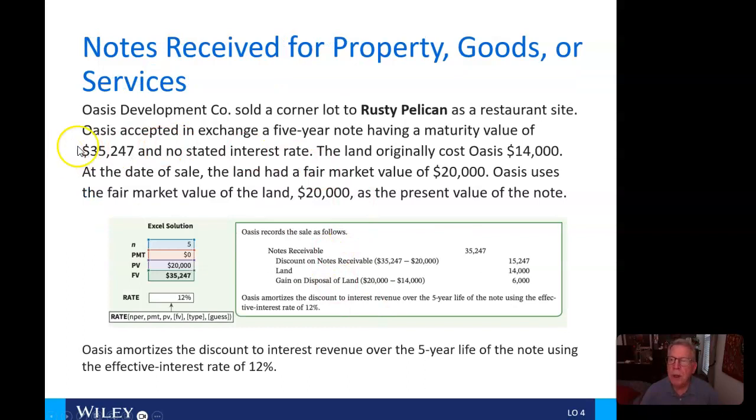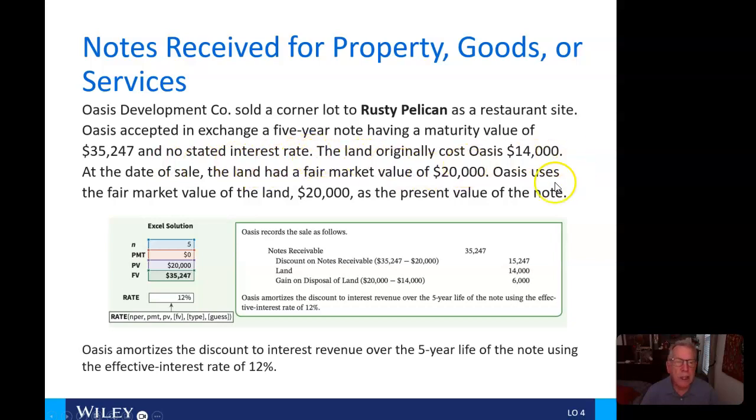So here, Oasis Development Company sold a corner lot to Rusty Pelican as a restaurant site. I enjoy that restaurant quite a little bit out here in Newport Beach. Oasis accepted in exchange a 5-year note having a maturity value of $35,247 and no stated interest rate.